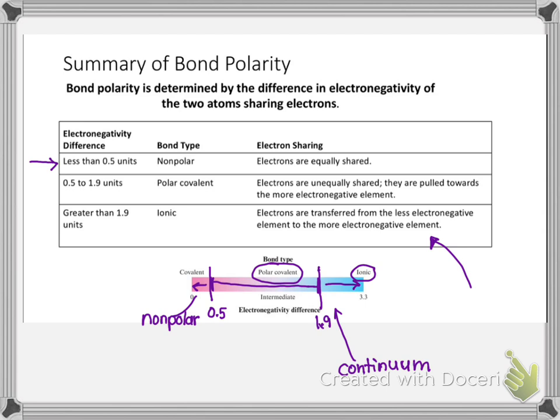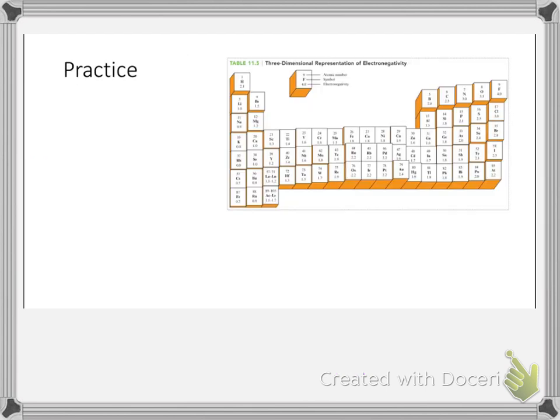Now, I think we're going to do some examples. But I think I need to just add something here. And that is, if the question only asks you, do two elements form ionic or covalent bonds? So if that's all it's asking, not polar, nonpolar, just ionic or covalent, then I want you to remember that ionic, we predict that for metals and nonmetals.